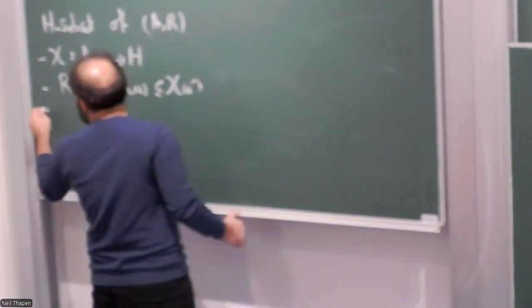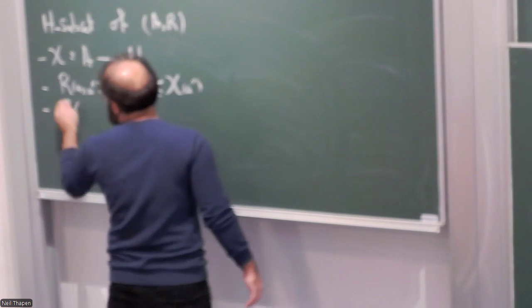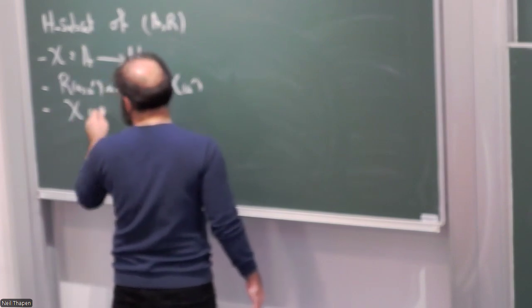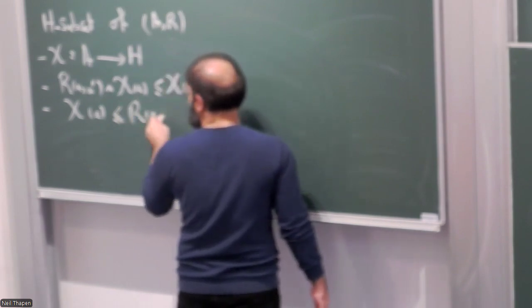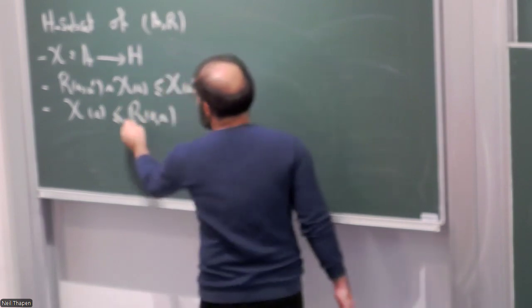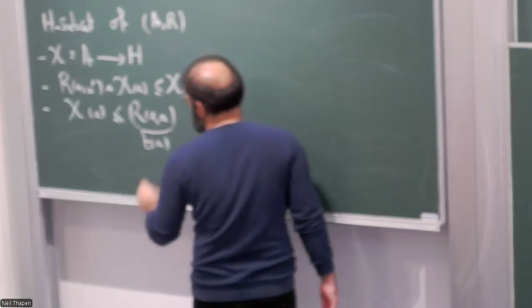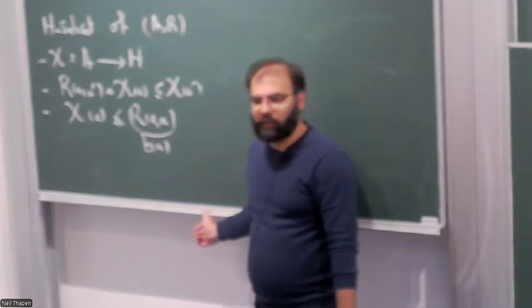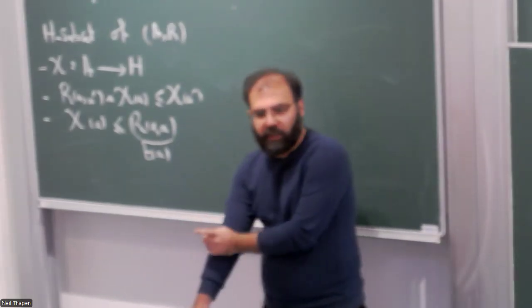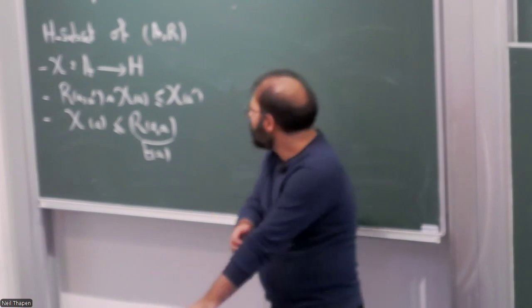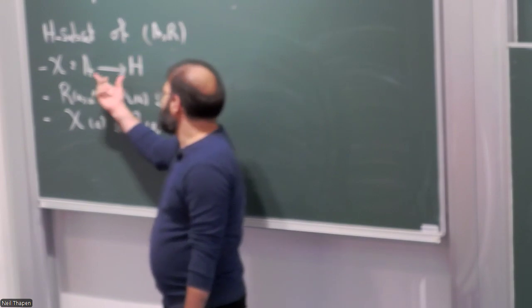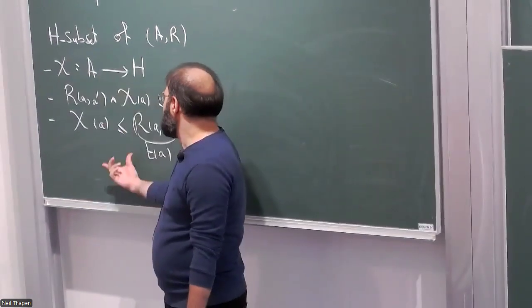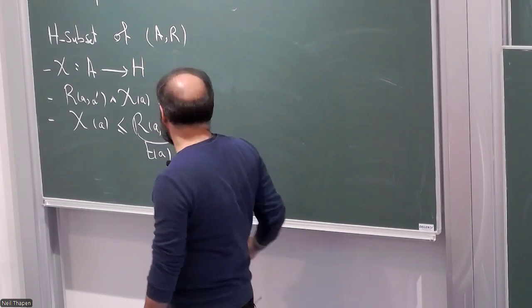And also, your chi is on the existing objects, meaning that chi of A is less than E of A. These are my assumptions, and whatever function you have with these properties is called an H-subset of A.